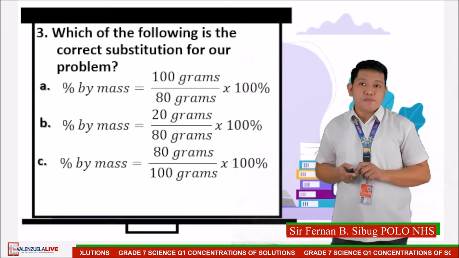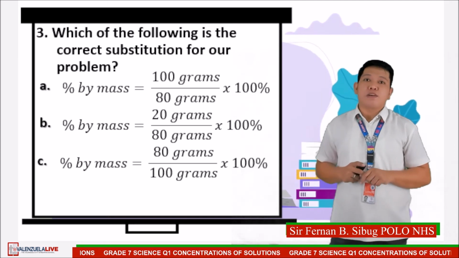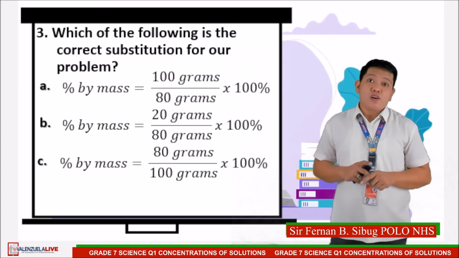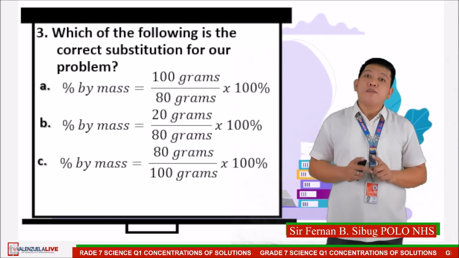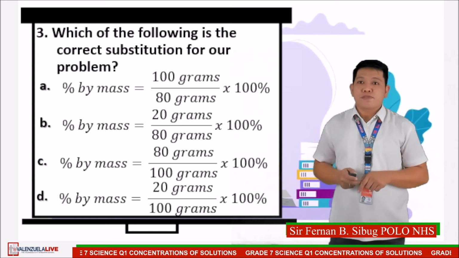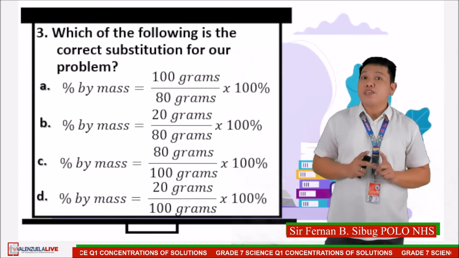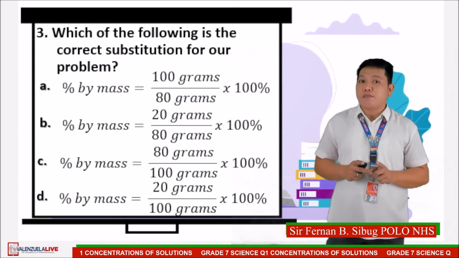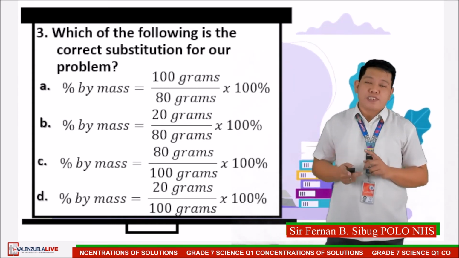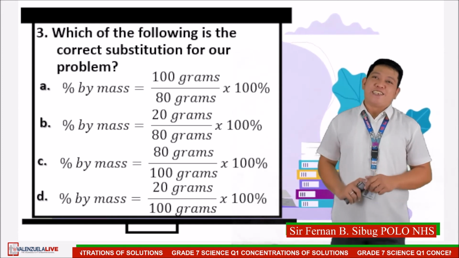And letter C. Percent by mass is equal to 80 grams over 100 grams multiplied by 100%. And letter D. Percent by mass is equal to 20 grams over 100 grams multiplied by 100%. Type in your answer.